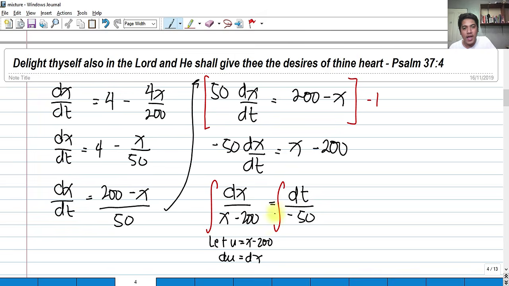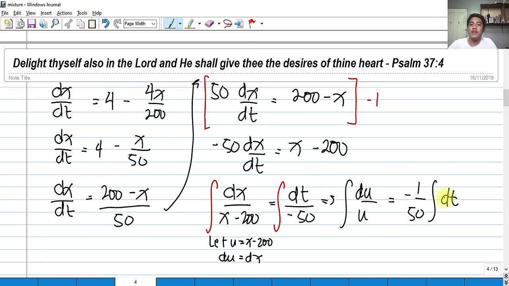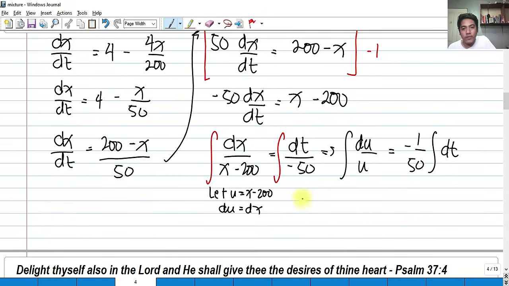So, this is simply the integral of du over u, and that is equal to, factoring out negative 1 over 50, the integral of dt. If I integrate this, ln of u is equal to negative t over 50. Notice that the integral of dt is simply t multiplied by negative 1 over 50, so it becomes negative t over 50.